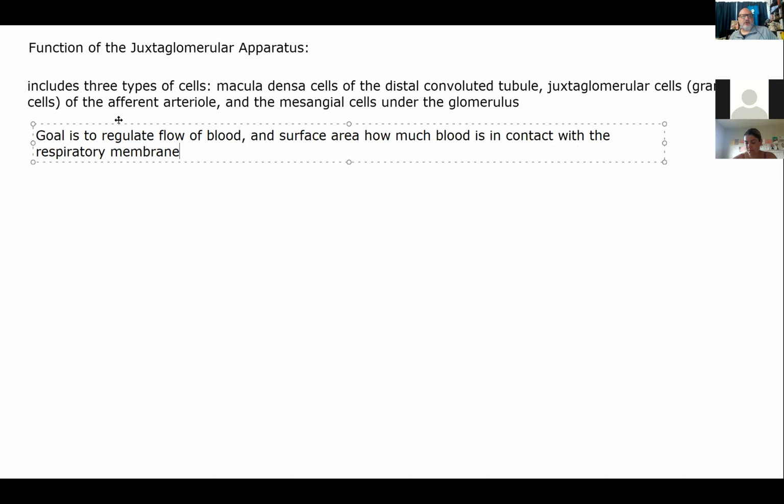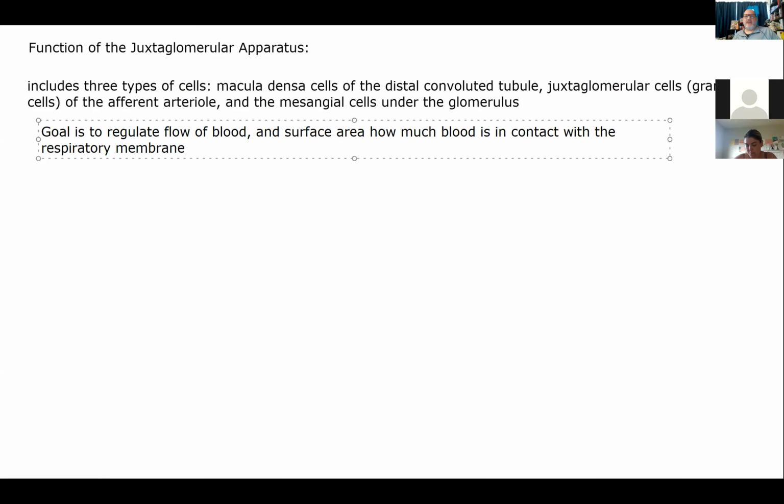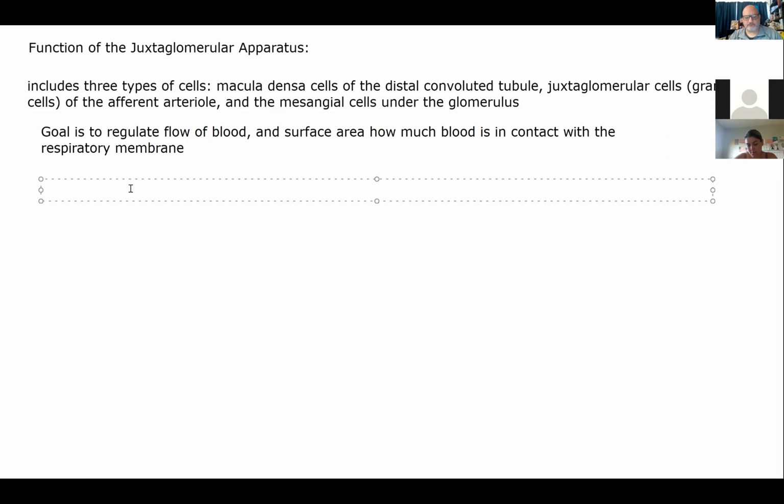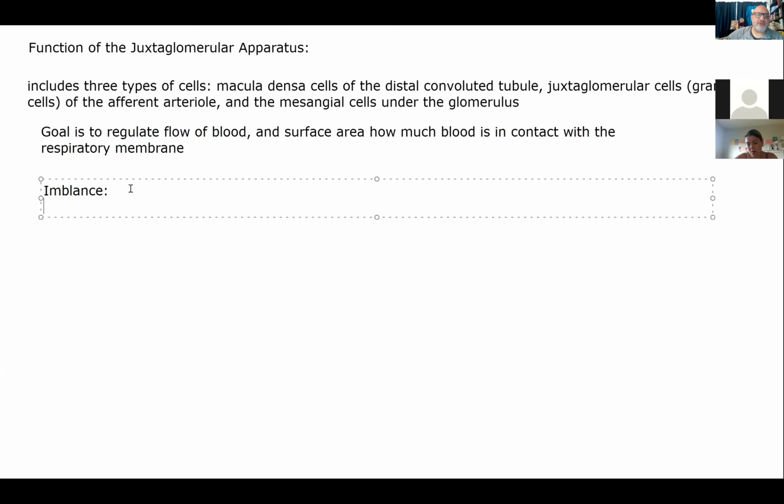Right, so that is our goal in this case. Now remember, we had two possible imbalances. And remember, these imbalances, we'll come back to what the imbalance is in just a minute.